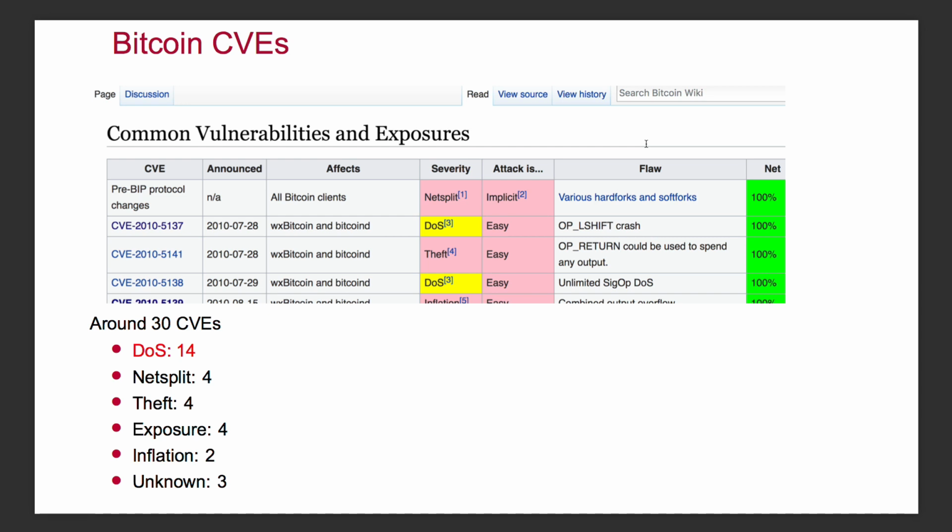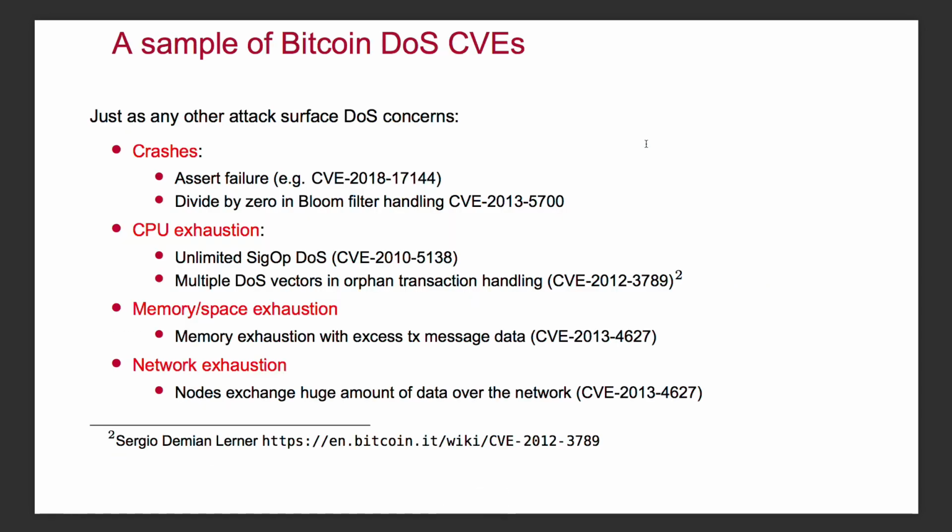So if you now take a look at what application security DoS attacks look like, they're the most numerous type of attack in this kind of environment. They can be categorized. There are pure crashes, stuff like assert failures or divide by zero. There could be CPU exhaustion.